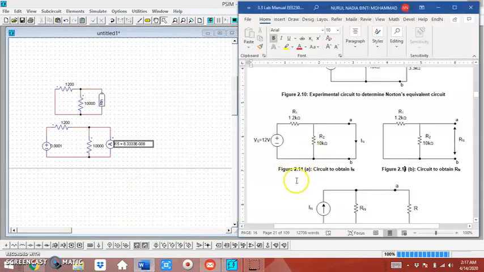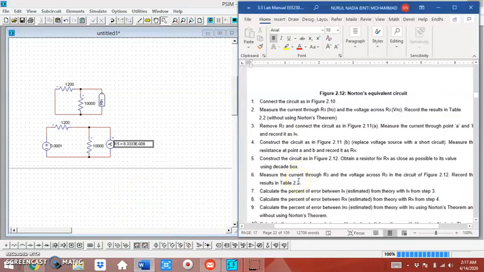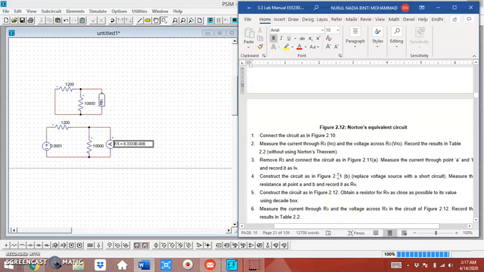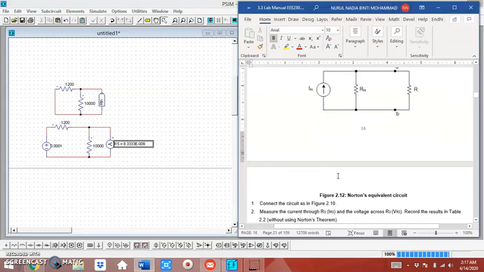So now let's proceed to step 5 and step 6. For step 5 and step 6, you construct the circuit in figure 2.12, using the RN that we got before, and then measure the current and voltage through R3. So now let's connect circuit 2.12.